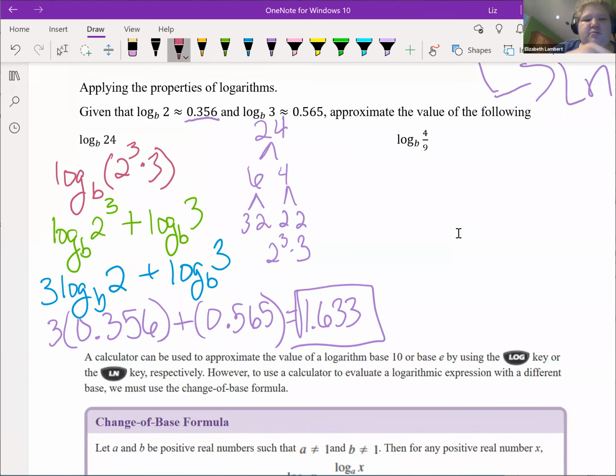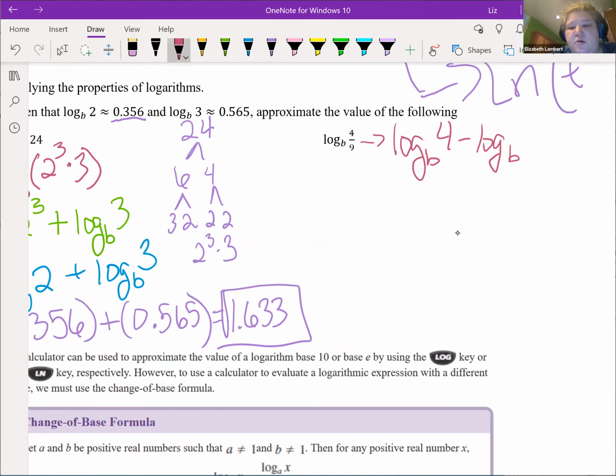All right. So log base b of a fraction, split it into 2 logs that now have subtraction. So log base b of 4 minus log base b of 9. But I know 4 and 9, those should be more comfortable numbers now with all the exponents and quadratics we've been doing.